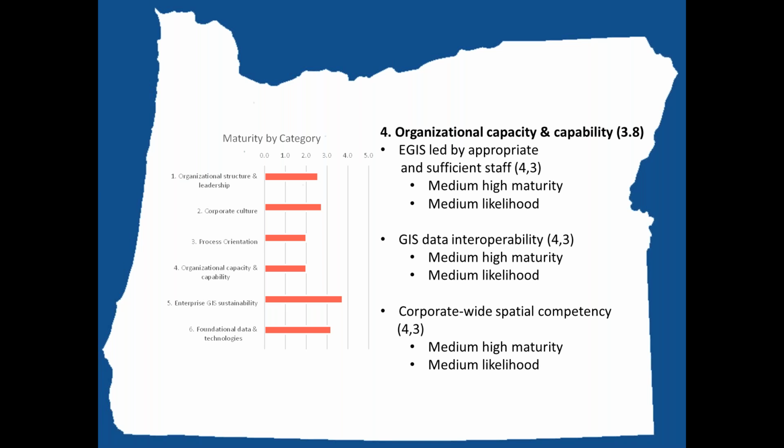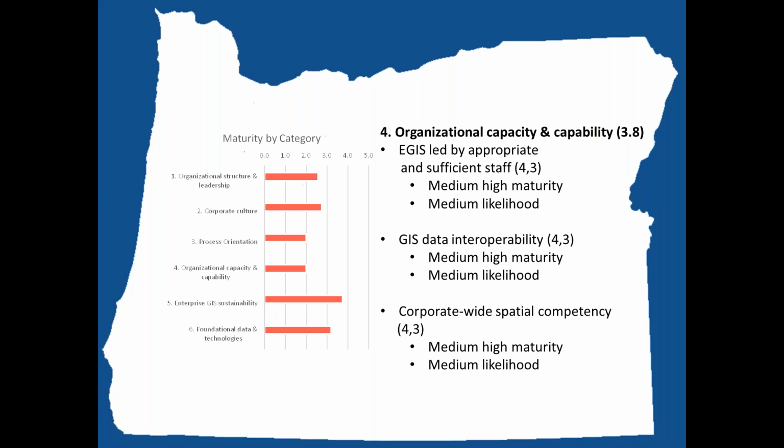And the next major area we'll go to is the organizational capacity and capability. So the enterprise GIS led by appropriate sufficient staff. Again, we gave that a high maturity level. We have a great group of staff that come in highly motivated, highly trained, highly experienced from around the state.